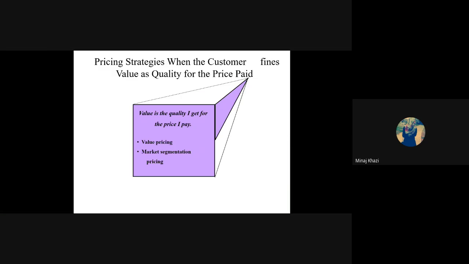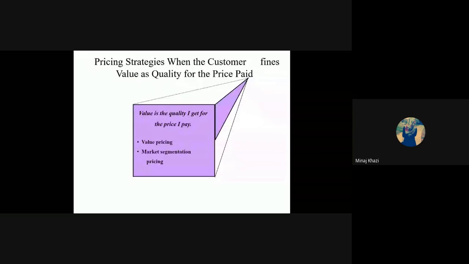Next is market segmentation pricing. So what do you mean by market segmentation pricing? You are giving a different product and a different price for different segments. Especially mobiles, if you see, you have different mobile phones for different sets of customers or different segments. People who are willing to pay less have a range of mobile phones there as well.